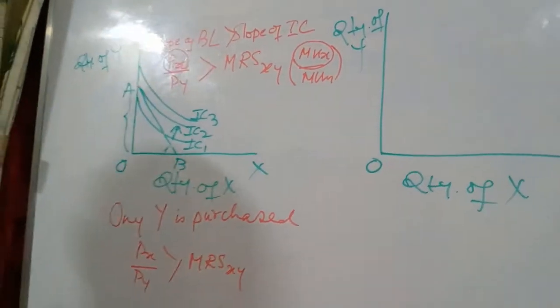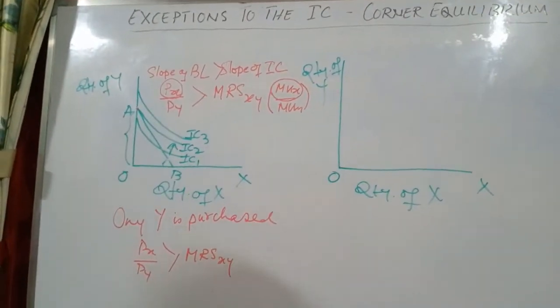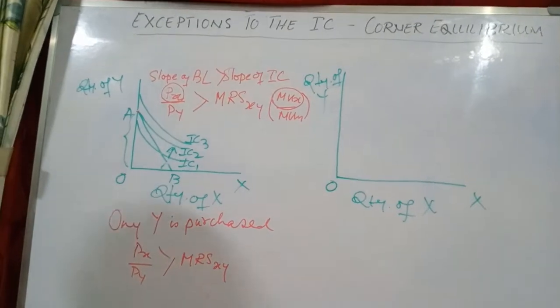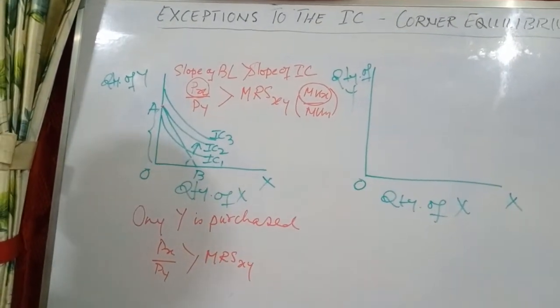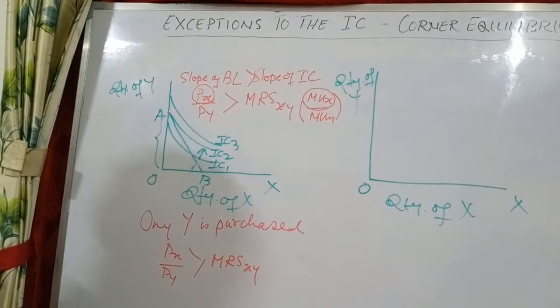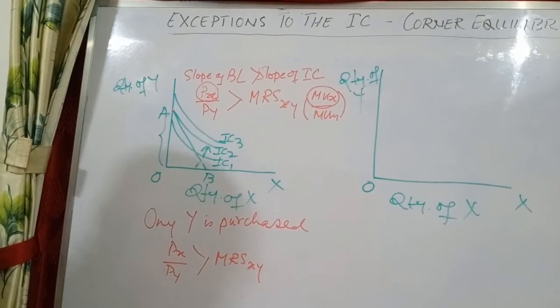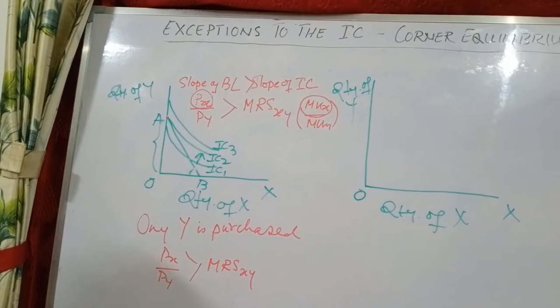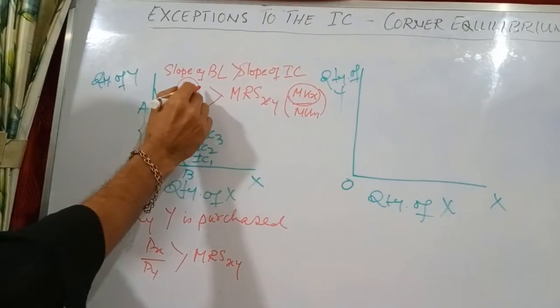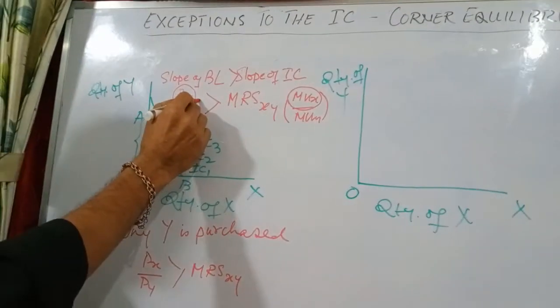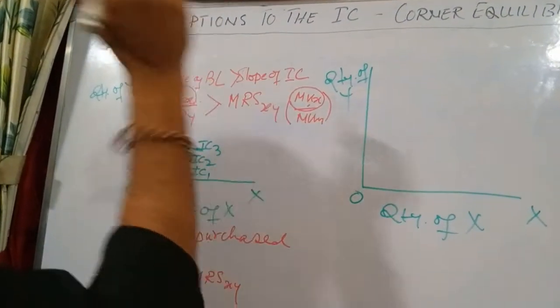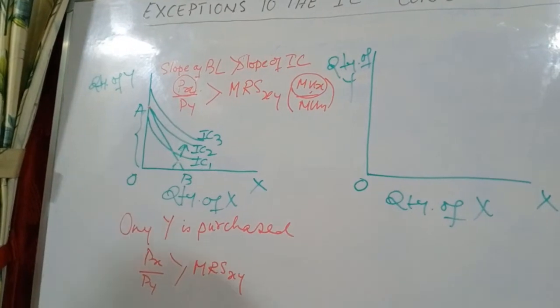That is, the consumer is unwilling to sacrifice any quantity of Y to gain even 1 additional unit of X. Why so? Because PX is too high relative to MUX.